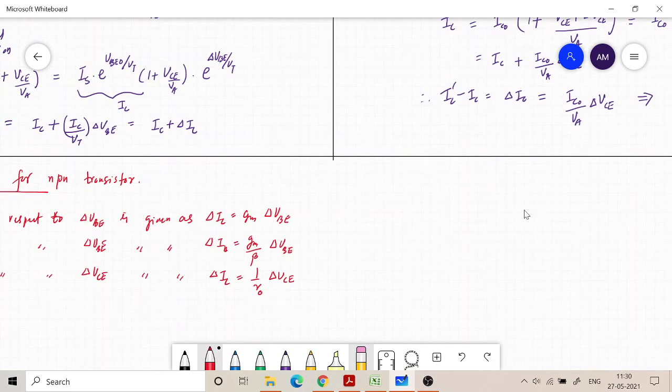So either I can write IC by VA or 1 by R naught. So these are the things that we got.